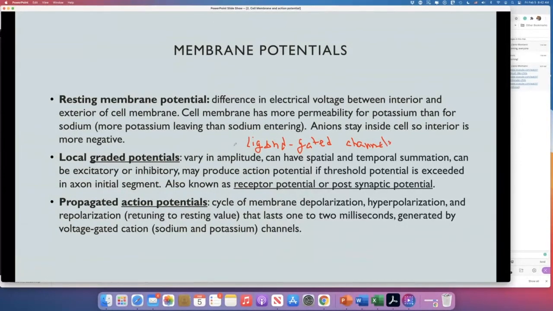A chemical that can be a hormone, can be a neurotransmitter, that binds to the receptors and opens or closes them. For example, epinephrine may bind to a receptor, acetylcholine may bind to a receptor and stimulate it to open, and this receptor is generally a sodium channel, so sodium will rush into the cells.